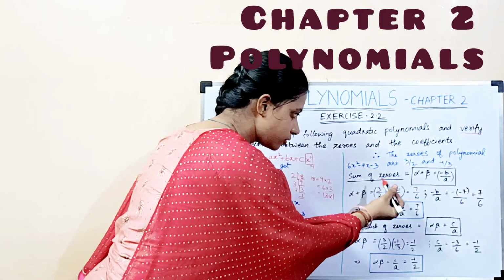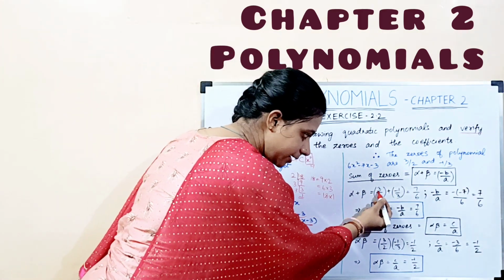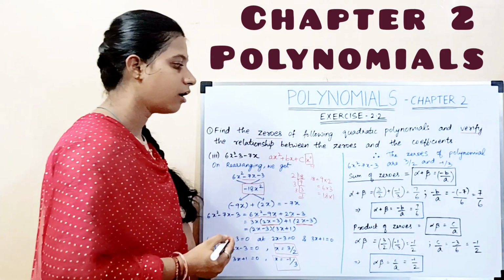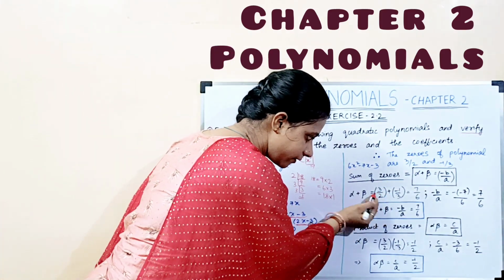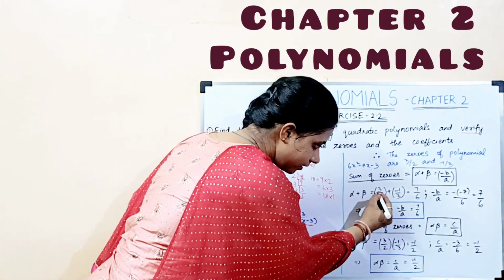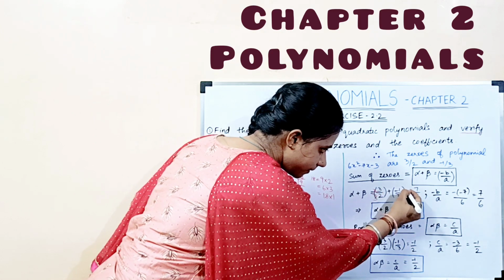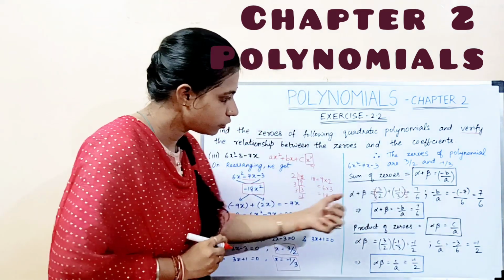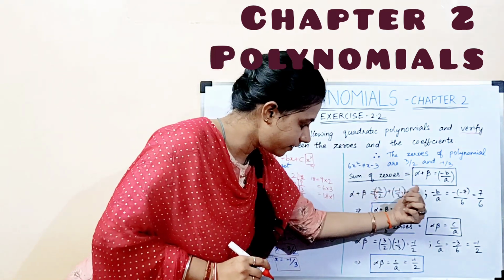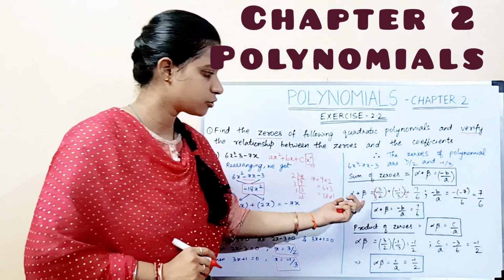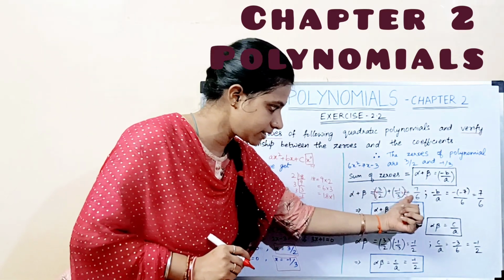That is, sum of the zeros alpha plus beta, that is 3 by 2 plus minus 1 by 3. On taking LCM, we will multiply this term by 3 by 3 and this term by 2 by 2. So 9 minus 2 will be 7, denominator will be 6. So sum of the zeros we get as 7 by 6.